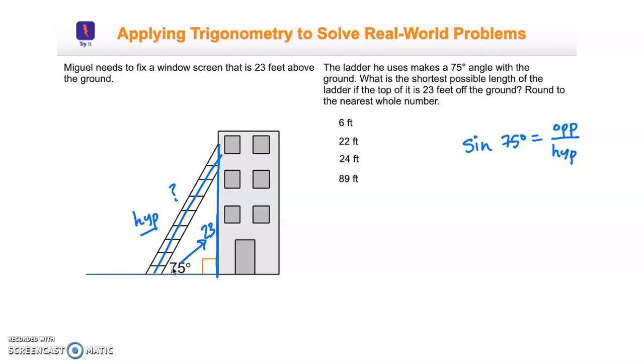We know the opposite side is 23, and we don't know the hypotenuse, so I'm going to call x the hypotenuse. Now we're going to do the same thing, but notice the x is in the denominator, so I'm going to multiply both sides by x. Now I have x times the sine of 75. I want to get x alone, so now I'm going to divide both sides by the sine of 75.